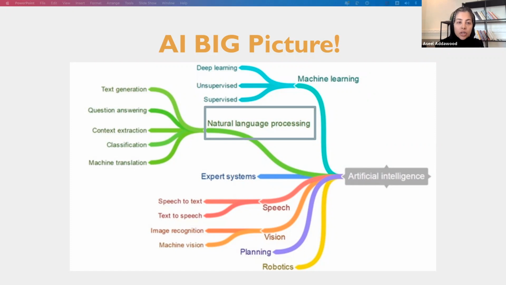Under artificial intelligence, there is machine learning, expert systems, speech, vision, robotics, planning, and other fields. Every day we see how AI is integrated with multiple applications in multiple domains. But when we focus on natural language processing, it's a subfield that is concerned, as we can see here, with text generation, answering questions, classification, machine translation, and we're going to go through that very quickly.